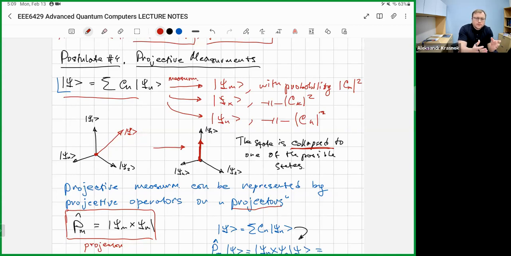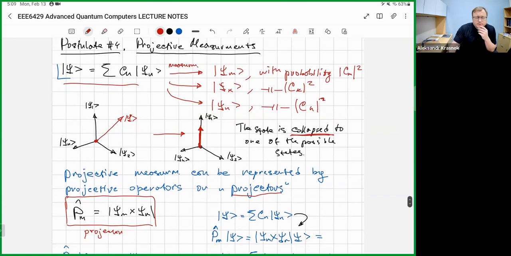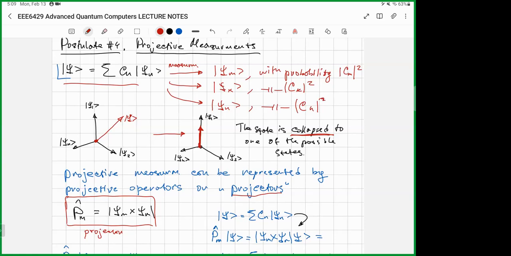We can do the measurement in the momentum basis. Then we will get the result in the momentum space. We can measure the energy of the system, and then we will get the result in the energy space. And after this measurement, the state of the system collapses to the result that we detected as a result of our measurement.